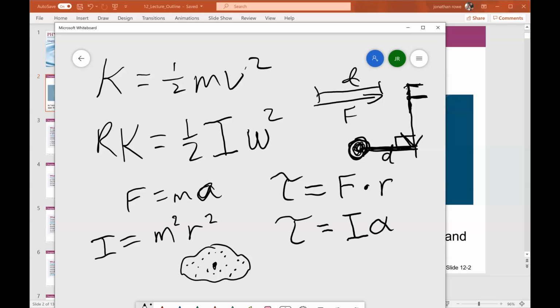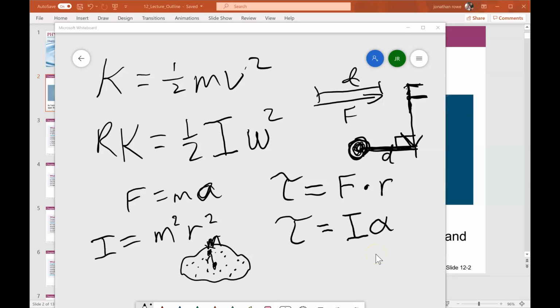If you add all these little particles' moments of inertia, it gives you the overall moment of inertia for whatever that object is. Each one of these particles has an m and an r. And so that's how we figure out the moment of inertia.